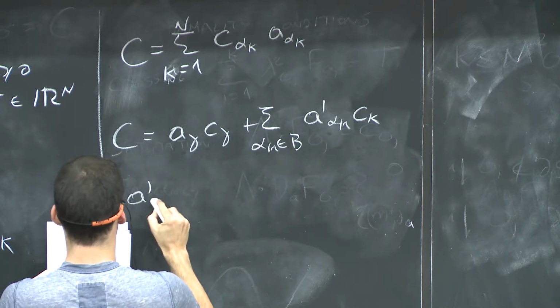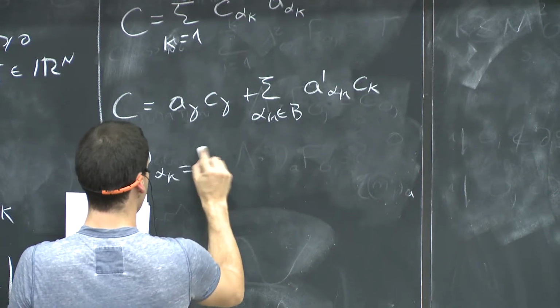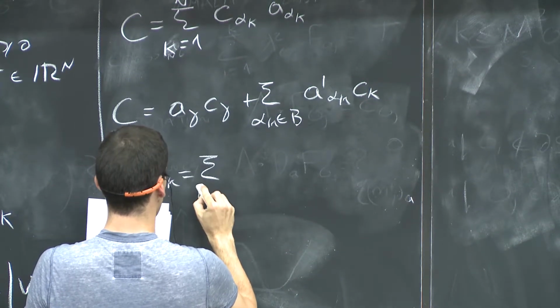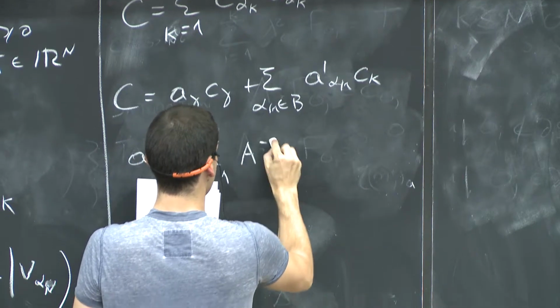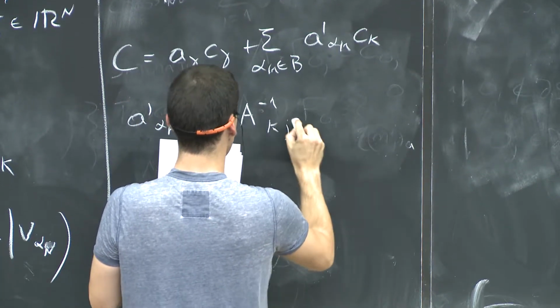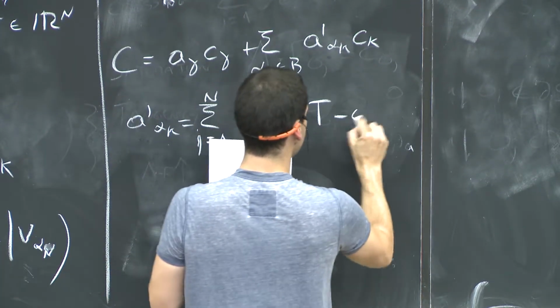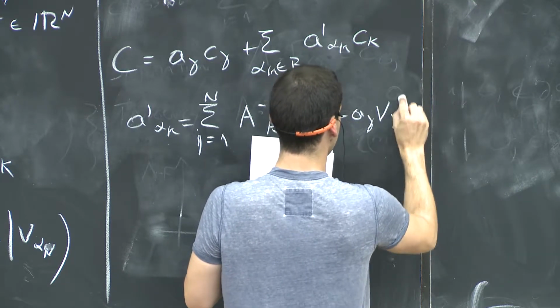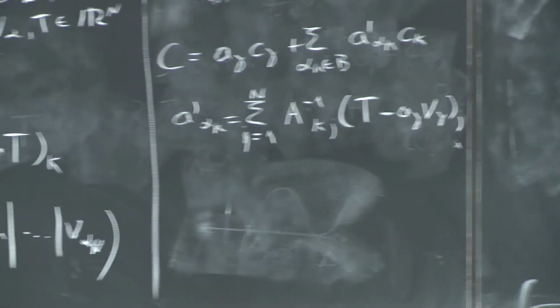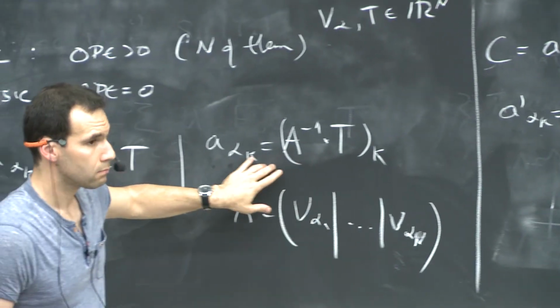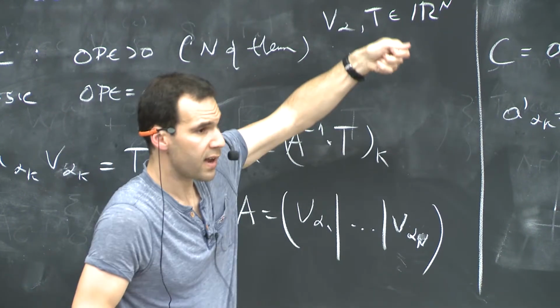Well, they are equal to the sum over j equals 1 to n of the inverse matrix k j times T minus A gamma V gamma j. So before I had this, and now I'm switching on a vector.